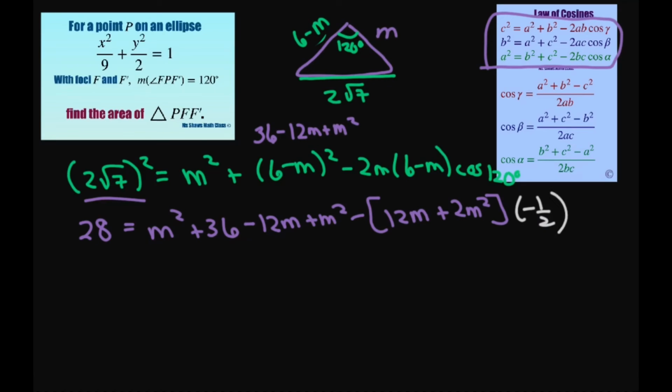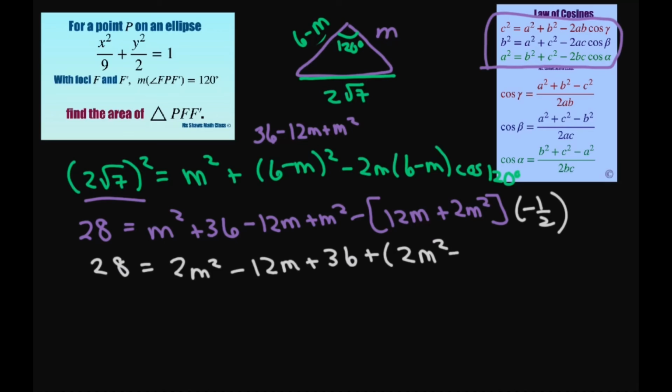Now simplifying all of this, we're going to get 28 equals 2M squared minus 12M plus 36 plus, we can write this as 2M squared minus 12M times negative 1/2. That simplifies it a little better.